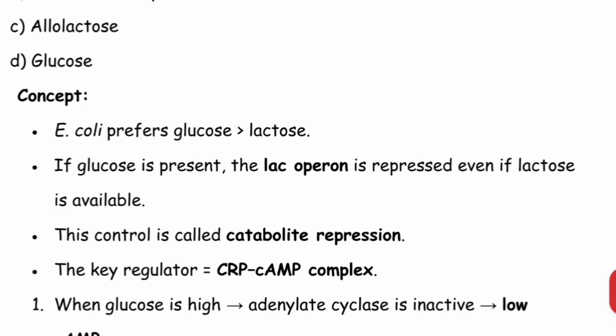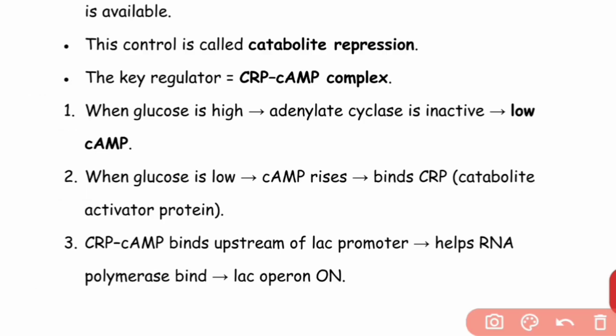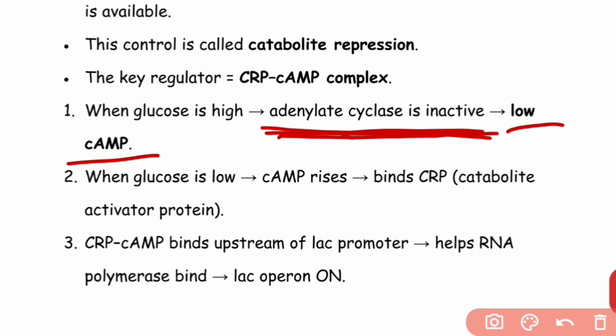This is one of the regulatory mechanisms in the lac operon. What happens here? When glucose is high, it inactivates an enzyme called adenylate cyclase. That enzyme is necessary for formation of the CRP-cAMP complex. As a result, when glucose is high, this enzyme becomes inactive and that results in low cAMP.